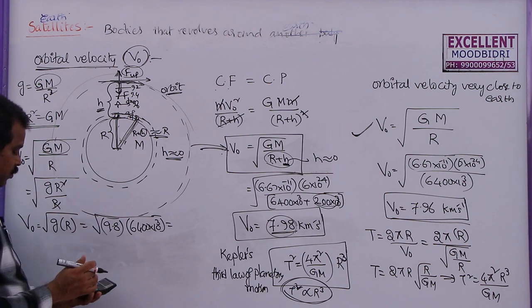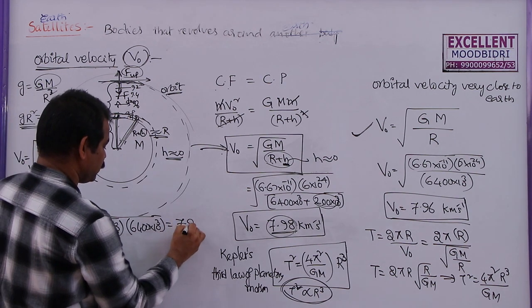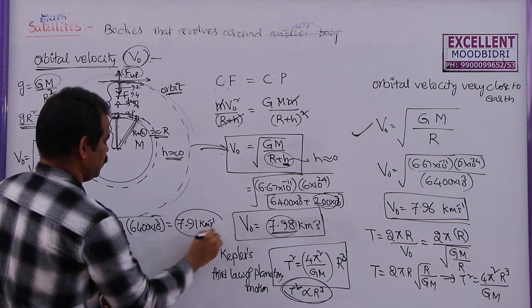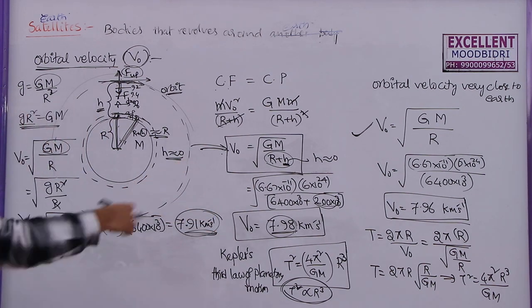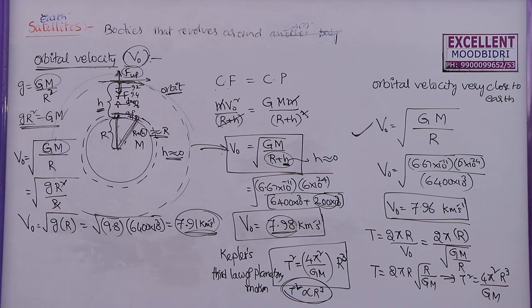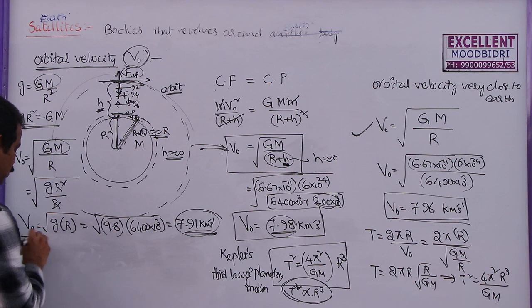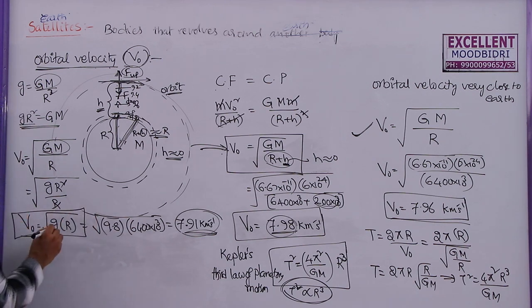This will be 7.919. So this is similar to the 7.96. So all these values are very near to 7.9 only. So this is how you can write the orbital velocity in terms of small g.